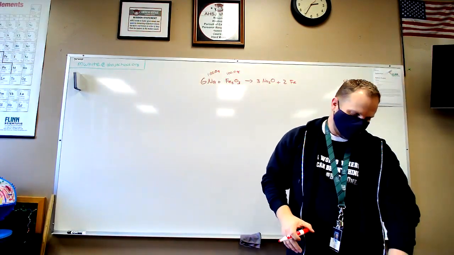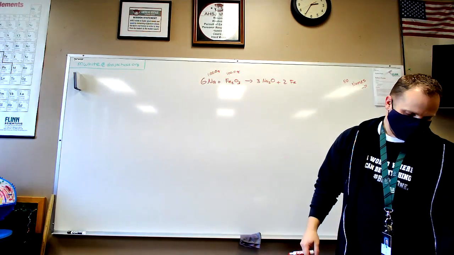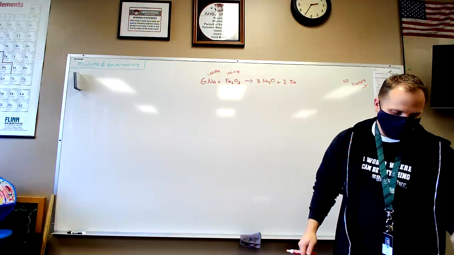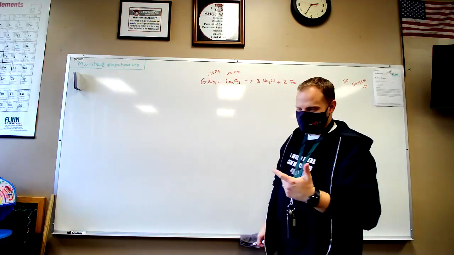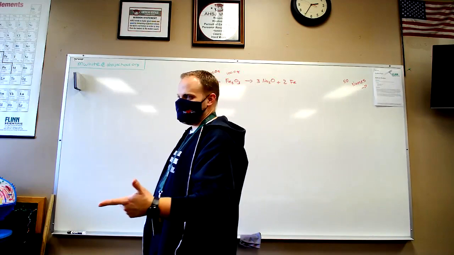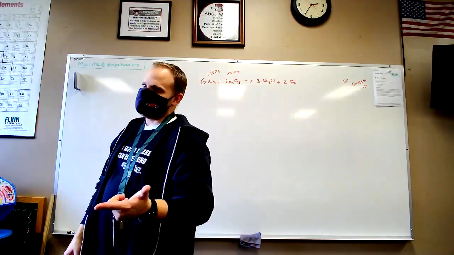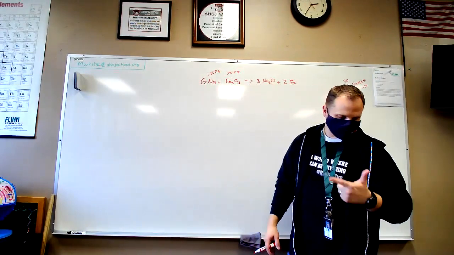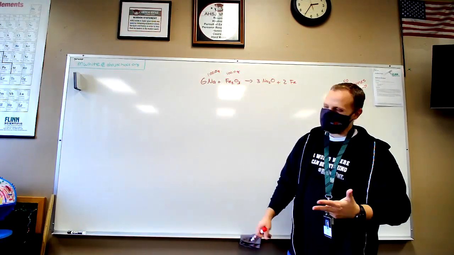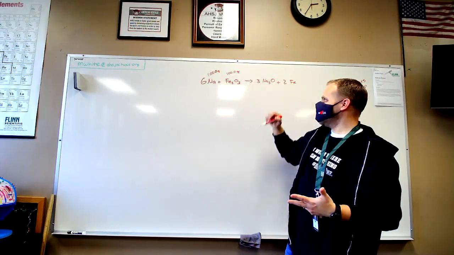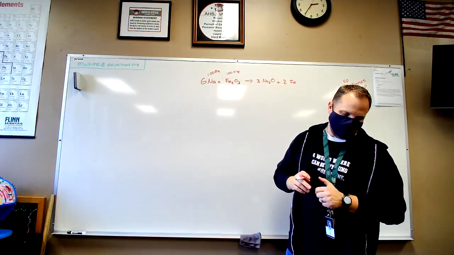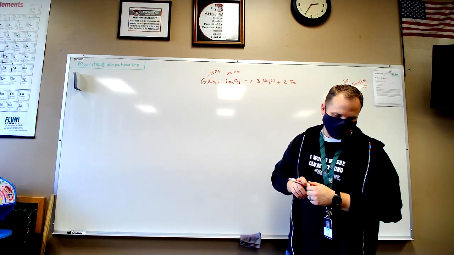And we need to determine basically all of the other things that we did for the previous problem. Which one is limiting? Which one is the excess, which is basically whatever one is not limiting? How much solid iron is produced? And how much of the excess reactant is still there?